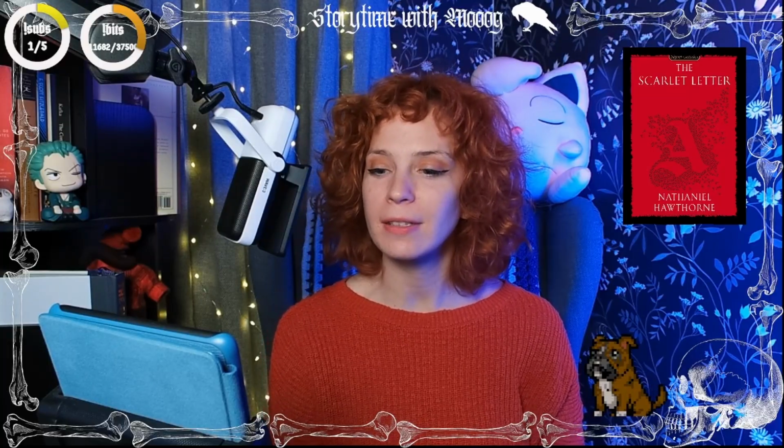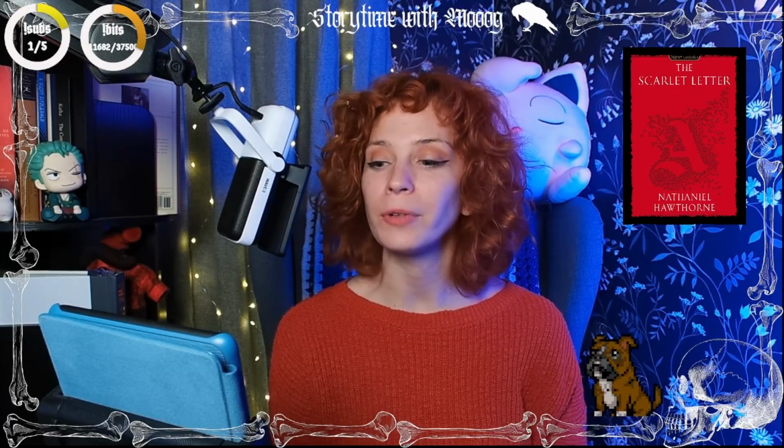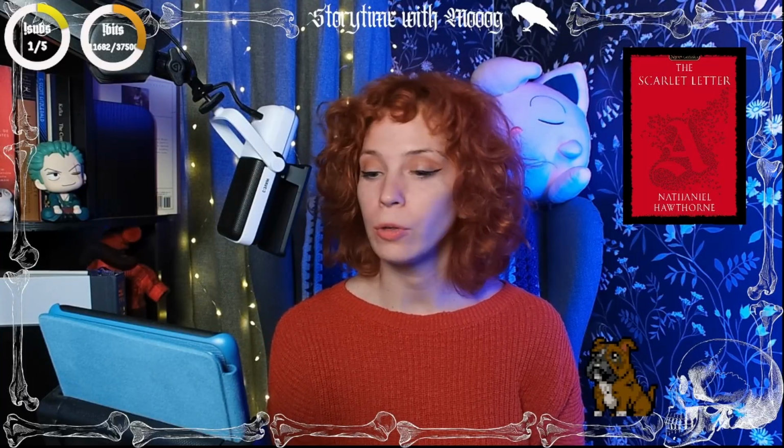Chapter 1. The Prison Door. A throng of bearded men in sad-colored garments and gray, steeple-crowned hats, intermixed with women wearing hoods and others bareheaded, was assembled in front of a wooden edifice, the door of which was heavily timbered with oak and studded with iron spikes.